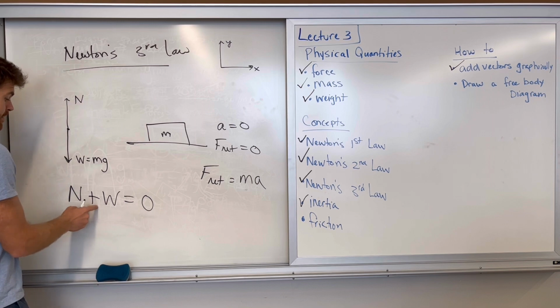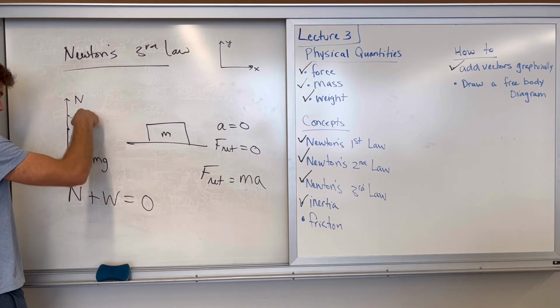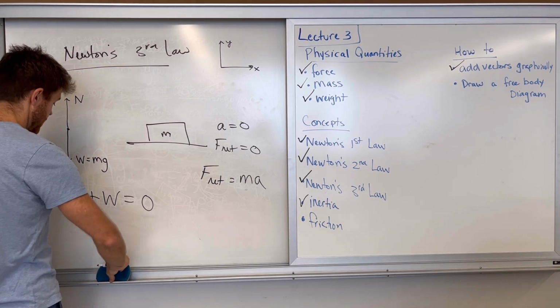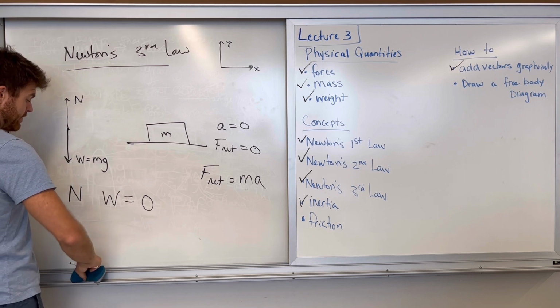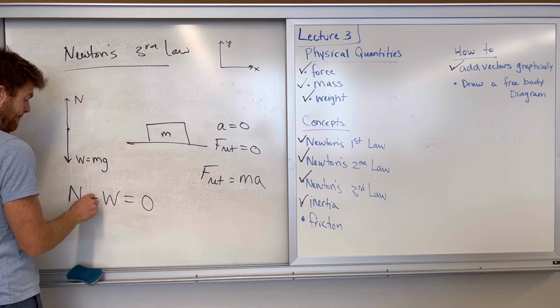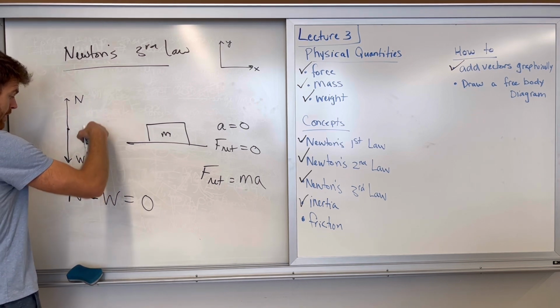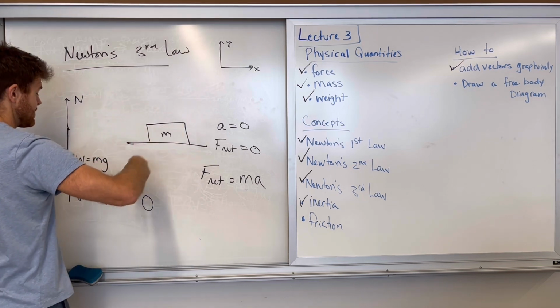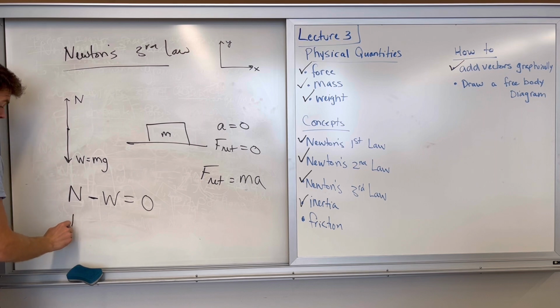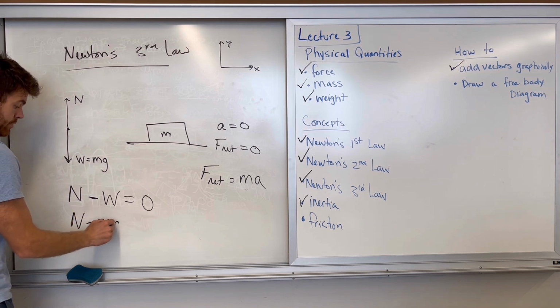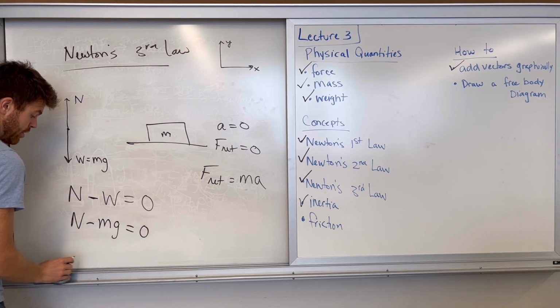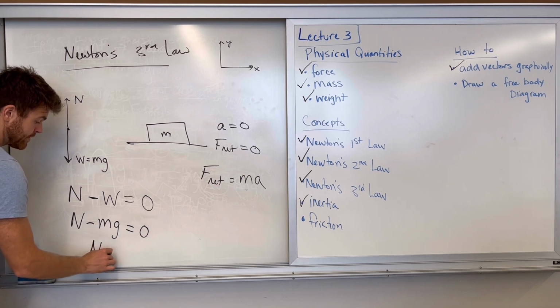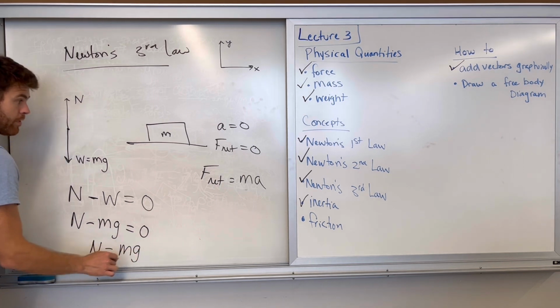Now these are vectors, right? And so because the weight points downward, we can't just say, oh, it's plus, right? Because it's in that direction. We're going to give it a negative sign because we said up is positive, so down is negative. So the normal force minus mg equals 0. We see in this case the normal force is equal to the weight, right?